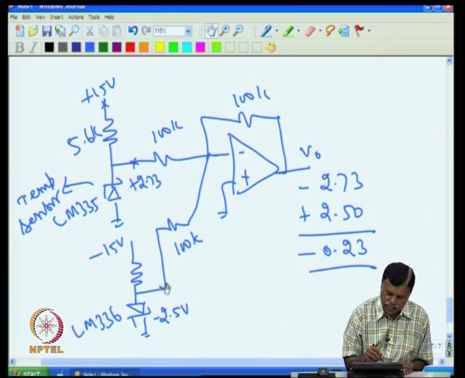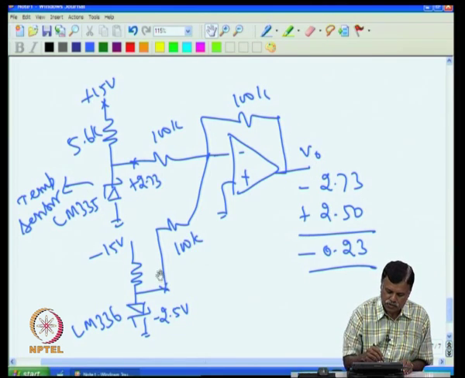So, what I can do is I keep this 2.5 volt, change this resistance such that this and this put together give a gain a little more than 1, so that this 2.5 itself is able to give 2.73 at the output.